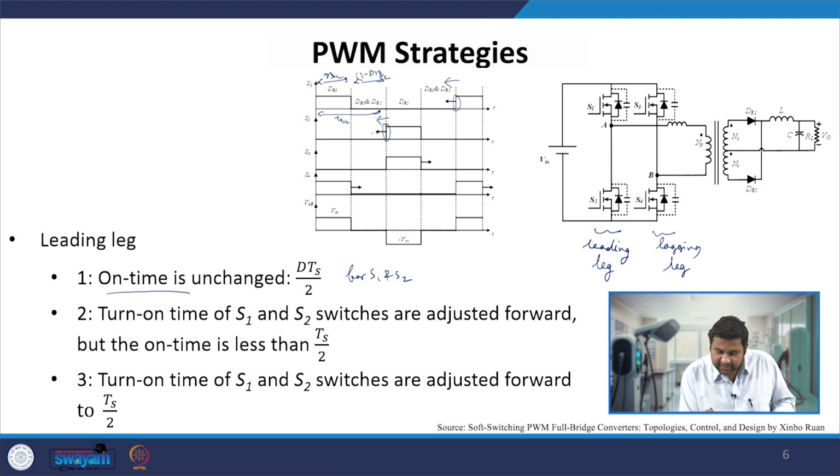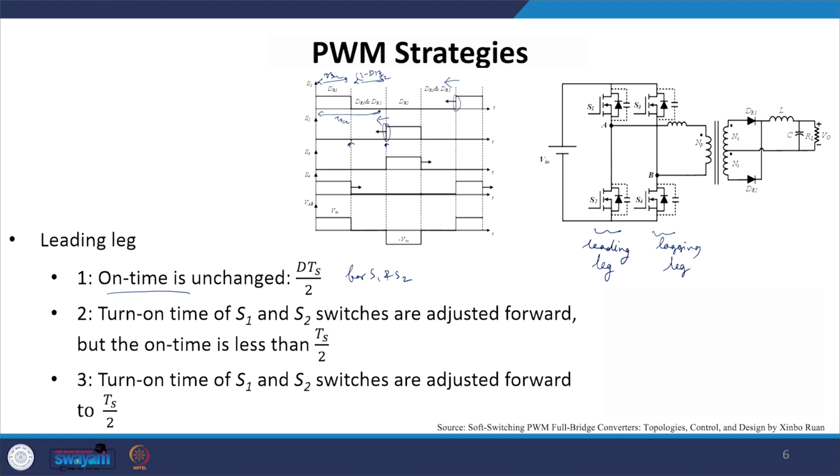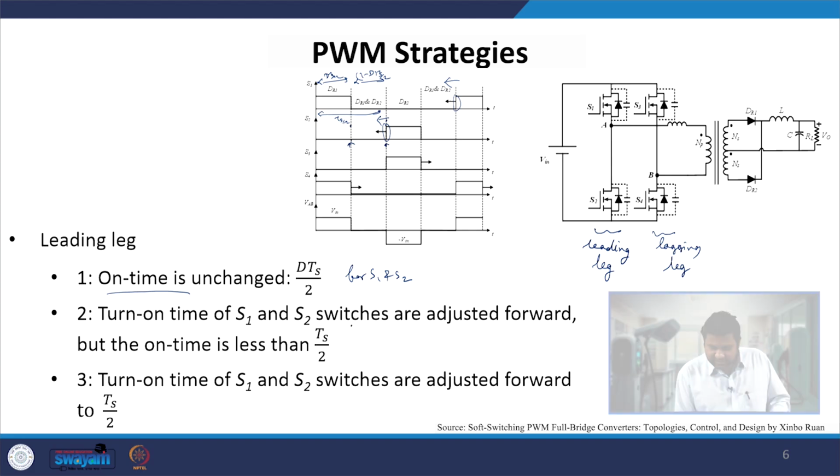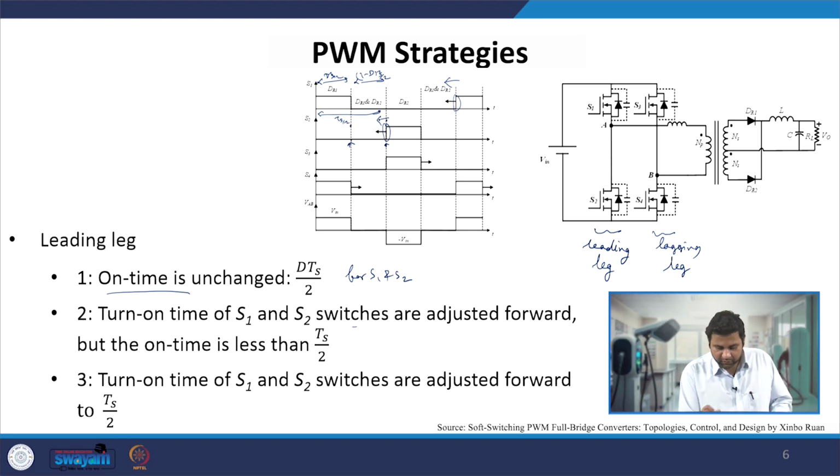We are not going from this point to this point, because even if we go from this point to this point, VAB will still be the same, but you are not doing that. You are just adjusting the turn on period in the forward direction, but that on time is still less than Ts by 2. And the third scenario is when you have adjusted this in such a manner that the turn on period of the S1 and S2 switches in the leading leg goes to Ts by 2.